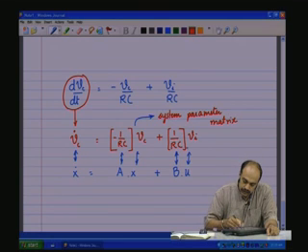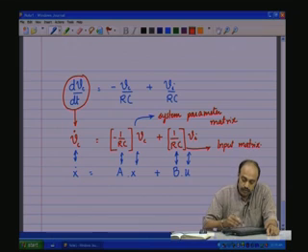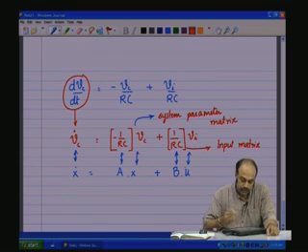B is the input matrix. And if there is more than one state variable, x is a vector. If there is more than one input variable, then u is also a vector.